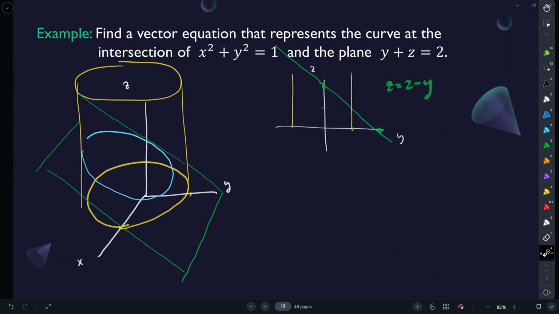And here we can see that the cross section when z is 0, or what I'm going to do is parameterize this first. So 1, parameterize x squared plus y squared equals 1.